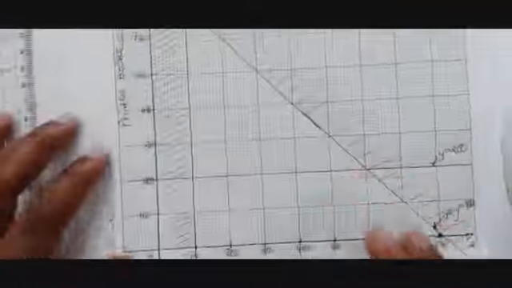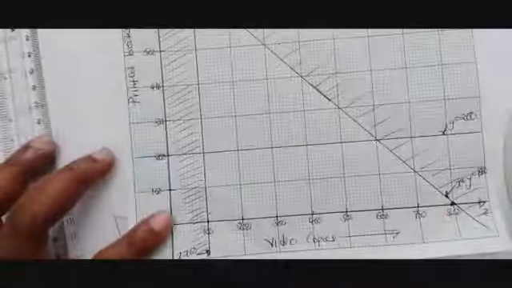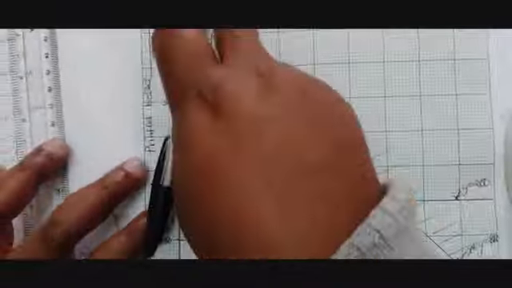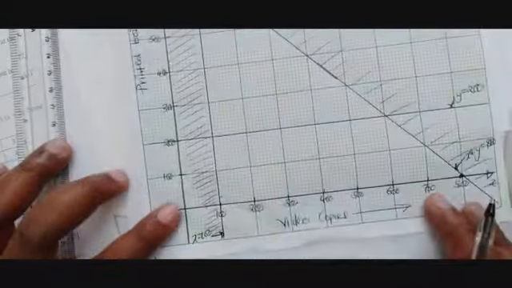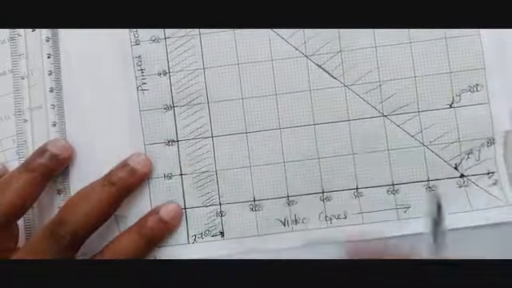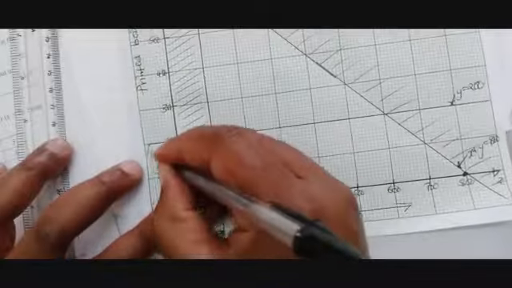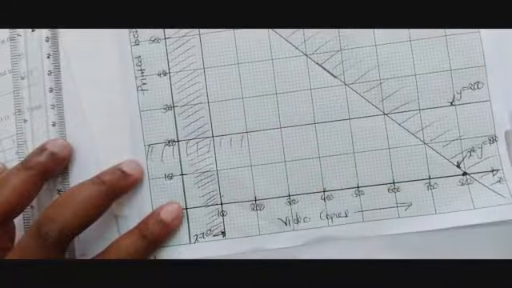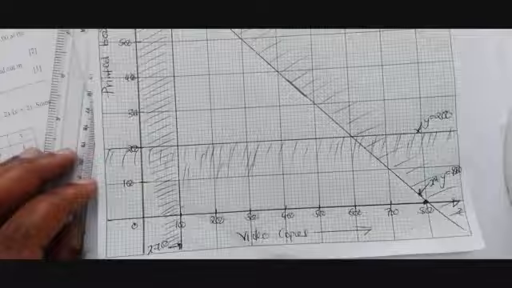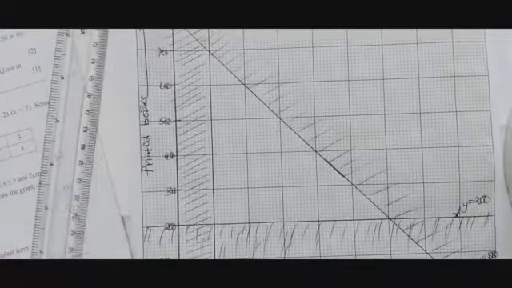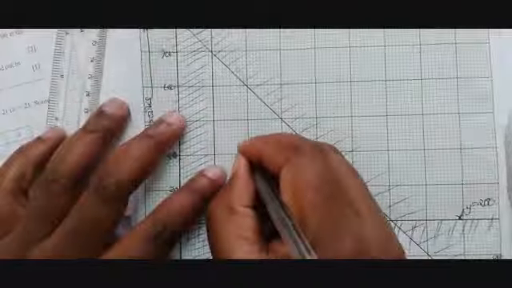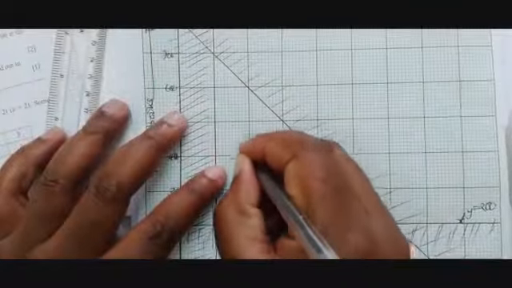Okay, so we want the greater part. So we get rid of what is less. In this case, this down here, it is less. So you shade. Okay, this is what we have. So we are done. This is the feasible region.